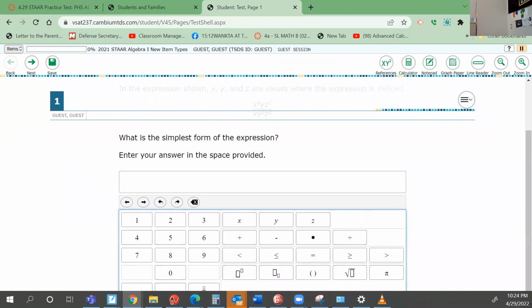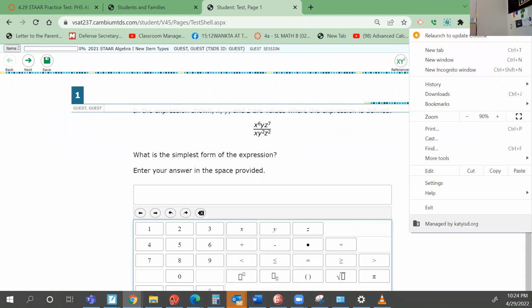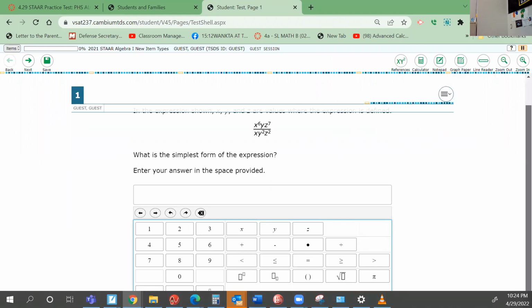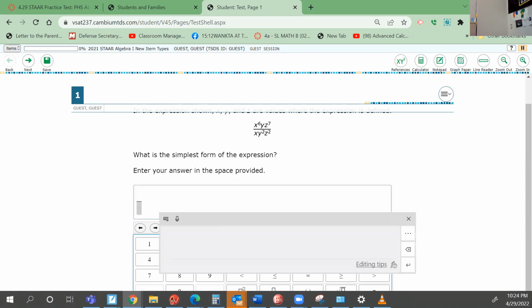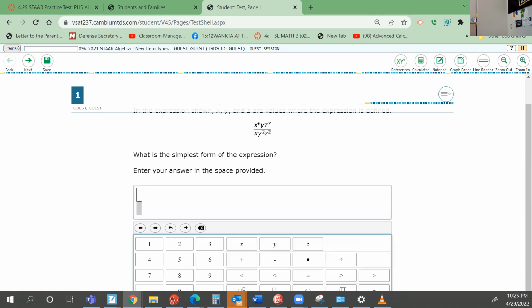So what I'm going to do is, if you notice here at the bottom, at the bottom right here is my fraction tab, I guess. If I click on it, okay, it gives me where I can enter my answer as a fraction.